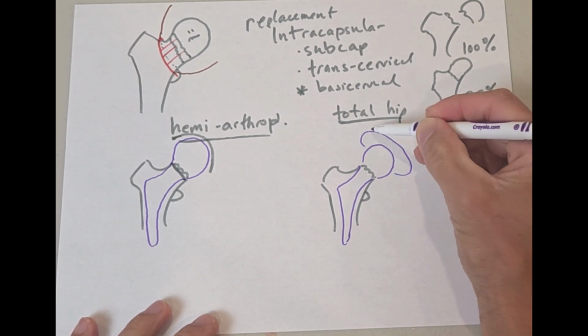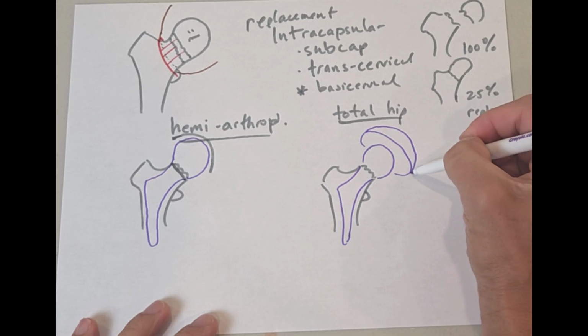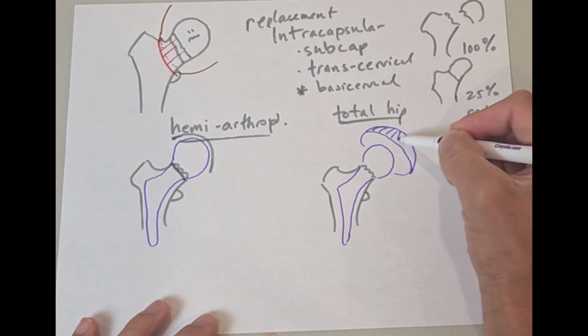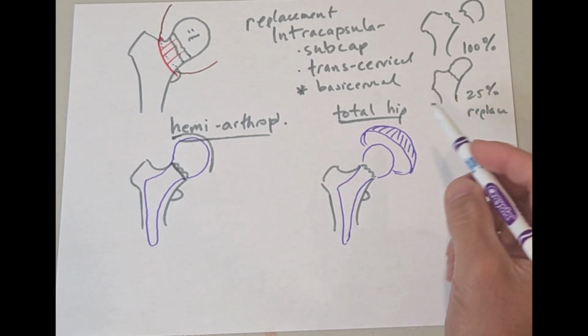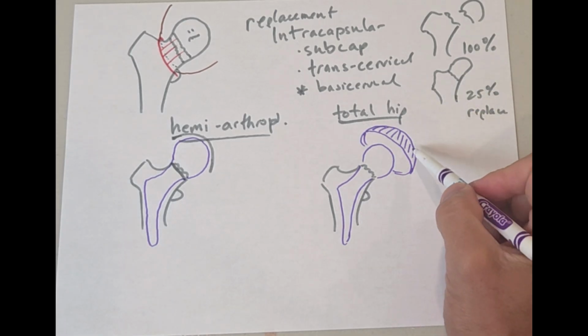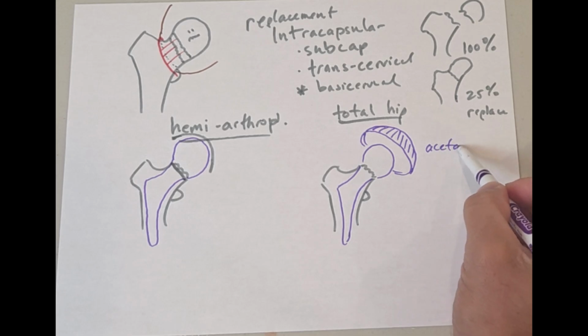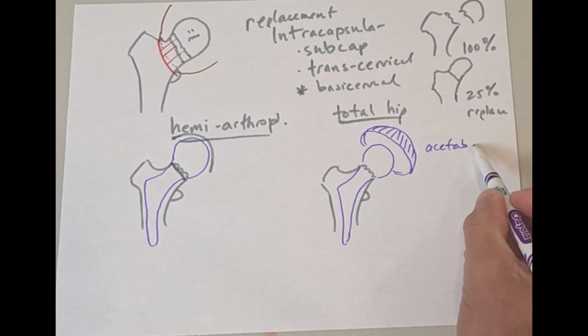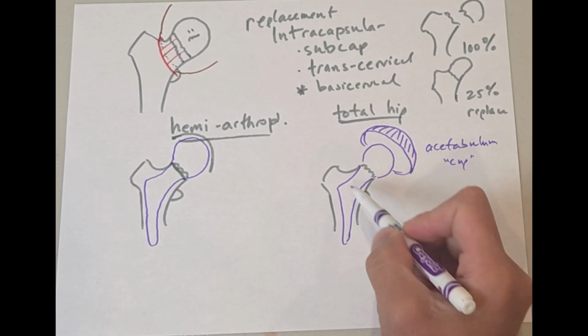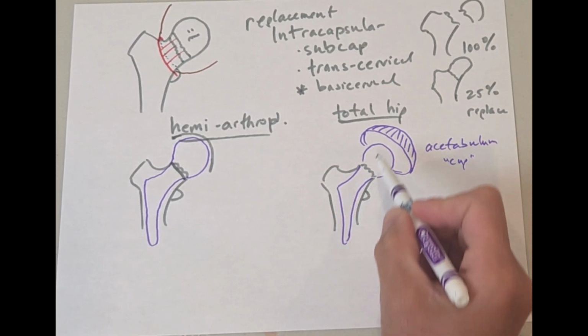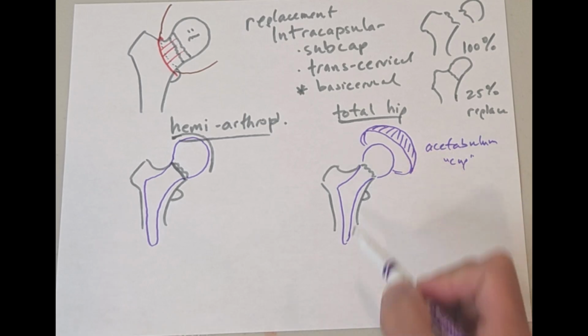So the socket looks sort of like a cup. So in this case, we're also going to replace the socket. So replacing it is a total hip. It's the socket, also called the acetabulum. Acetabulum, people just call it a cup. And we're replacing the ball, or the head.